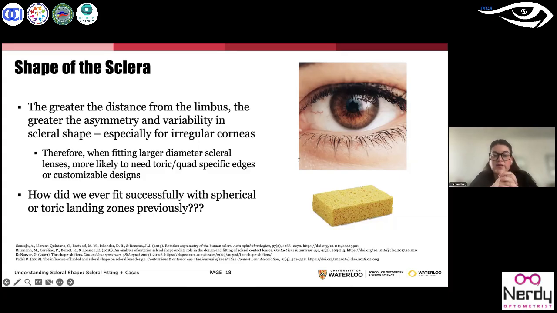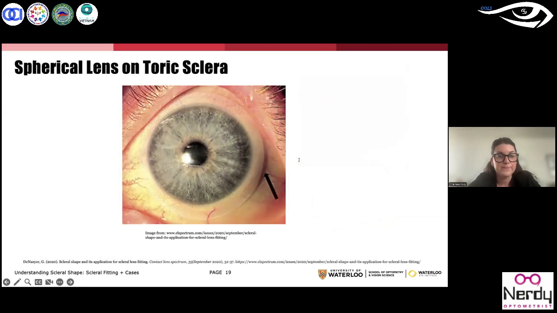It helps to offset any minor misalignments. But keep in mind that even if a sclera is asymmetric in nature, a toric landing zone is likely going to fit much better, even on that asymmetrical surface, than a spherical landing zone. So that's a good point to make.